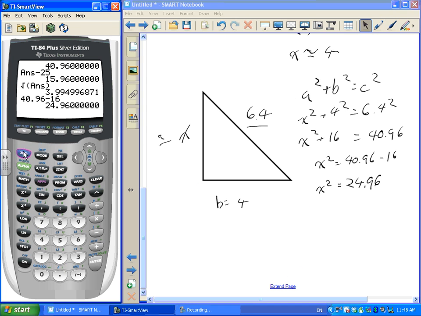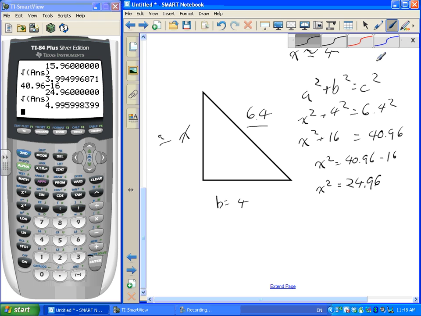And we square root that number to find our answer. 4.9, again, which rounds to approximately 5. So once again, we saw for every side of this triangle, those are the 3 exact instances that you could use Pythagoras' theorem.